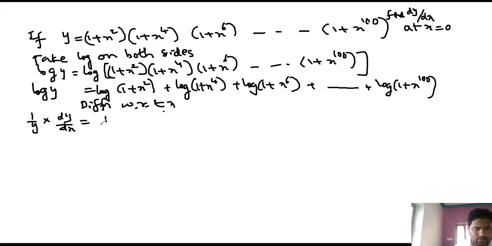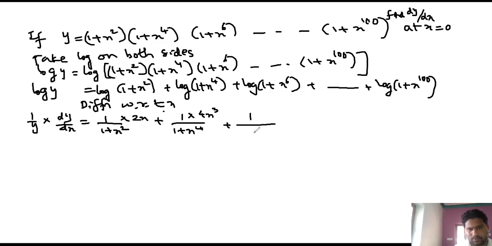First we take the derivative of log, 1 by 1 plus x squared into the derivative of x squared, which is 2x, plus 1 by 1 plus x to the 4 into 4x cubed, plus 1 by 1 plus x to the 6 into 6x to the 5, and so on, plus 1 by 1 plus x to the 100 into 100 x to the 99.